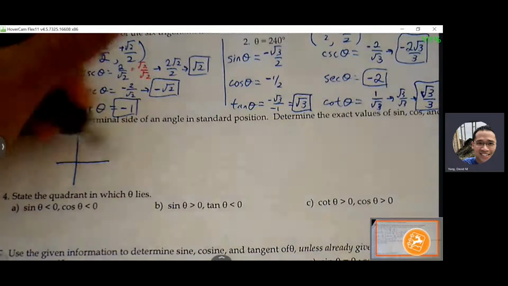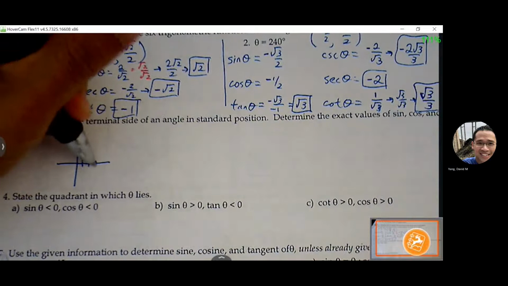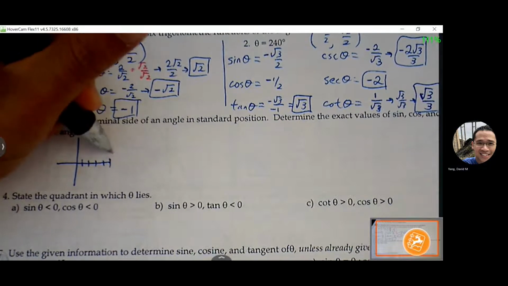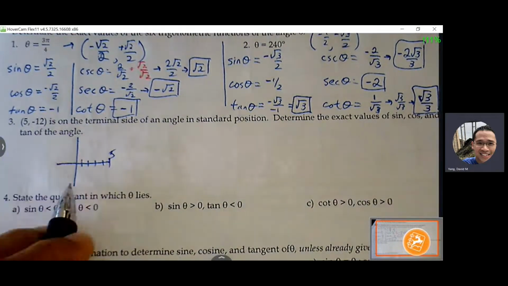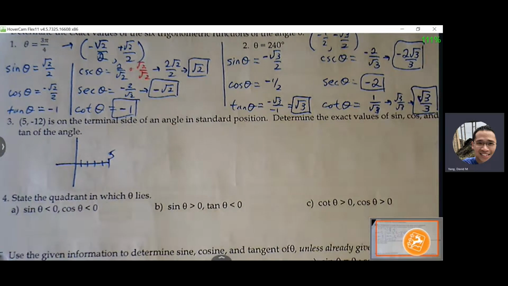You would go 5 units to the right, and then you would go down 12, right? So that's going to automatically land you in the 4th quadrant. You don't have to do anything special. If you just plot that point like you normally would, it'll land in the quadrant that you're supposed to land in.